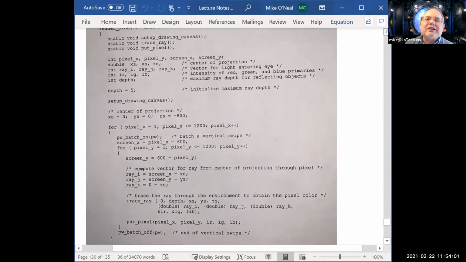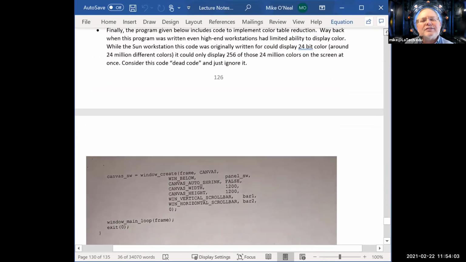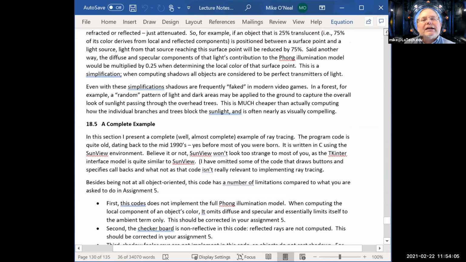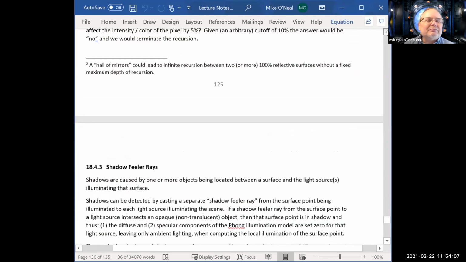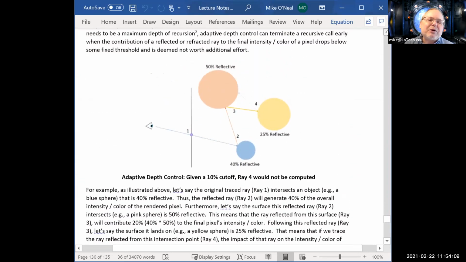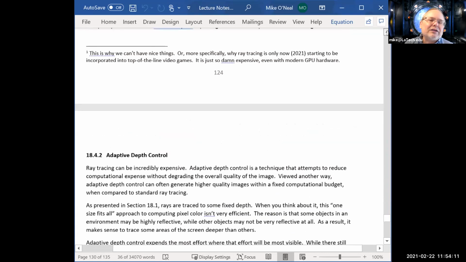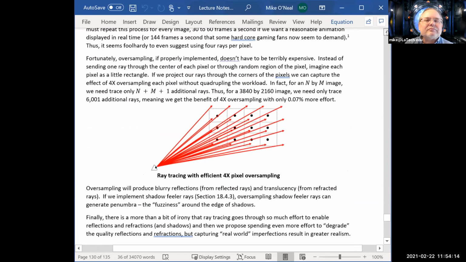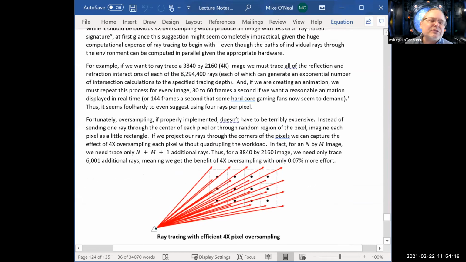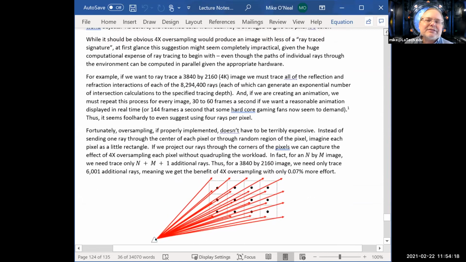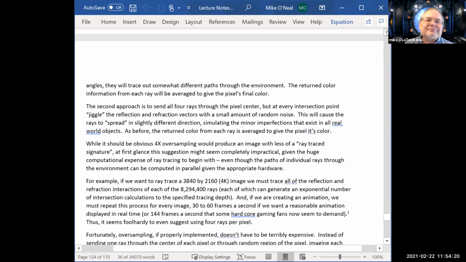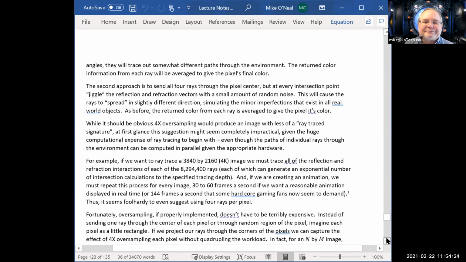So one of the things that we can do is we can say, well, if I put multiple rays per pixel, there are kind of two ways of doing it. There is the smart way.